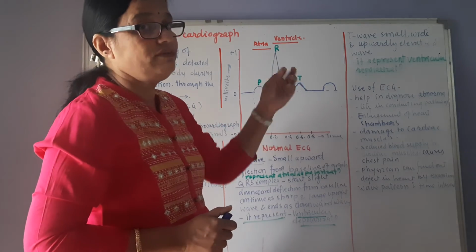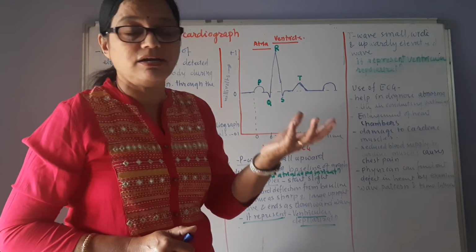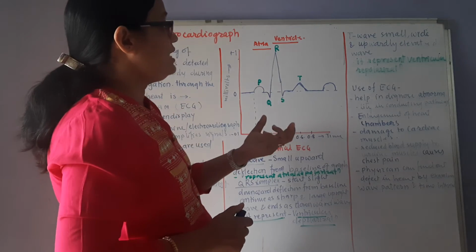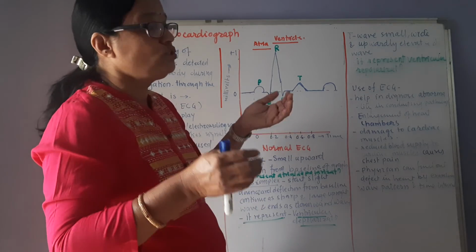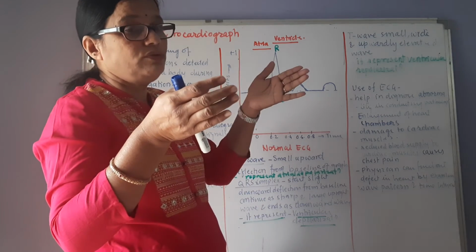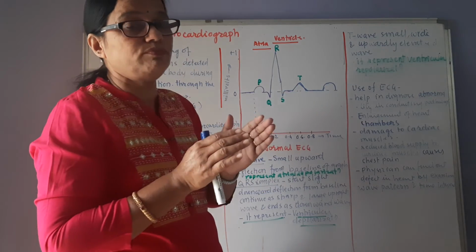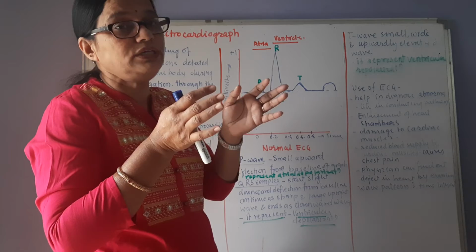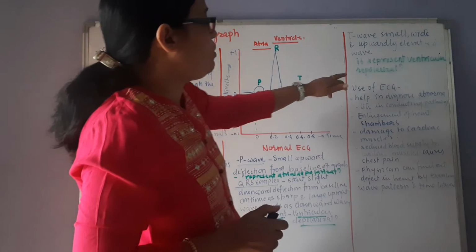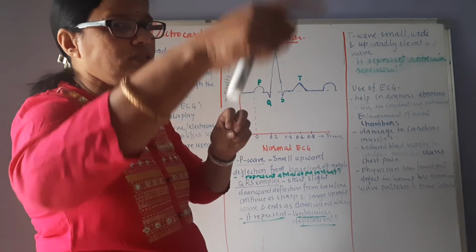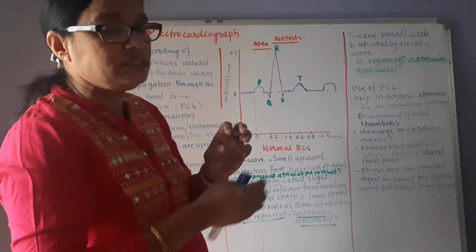repolarization. So when the ventricles get relaxed, at that time the waves of contraction slow down. They are not showing the pulses; the return of the pulses is coming.